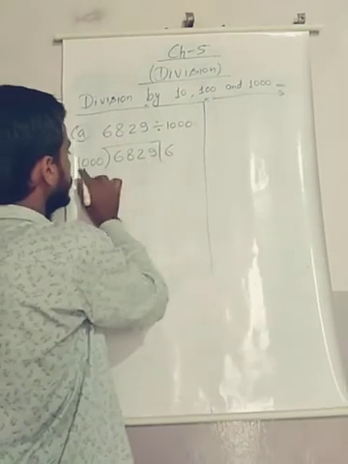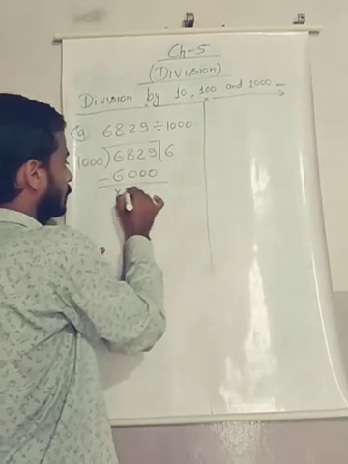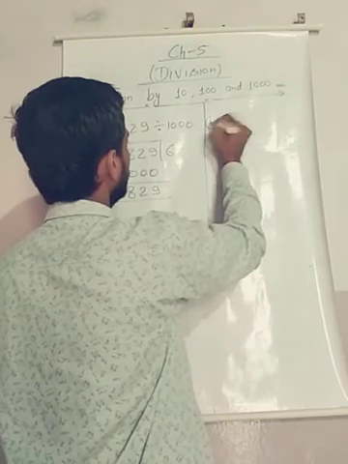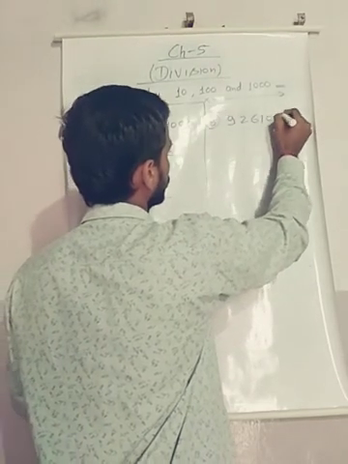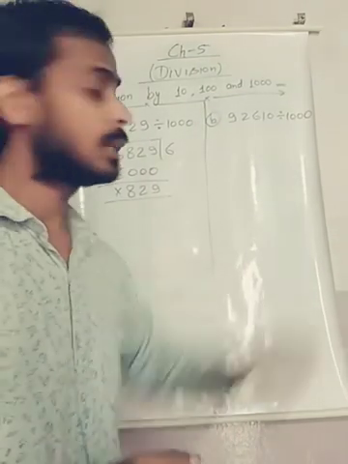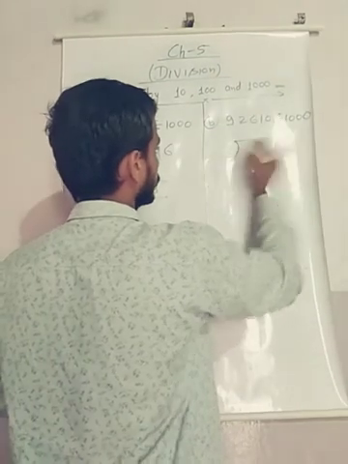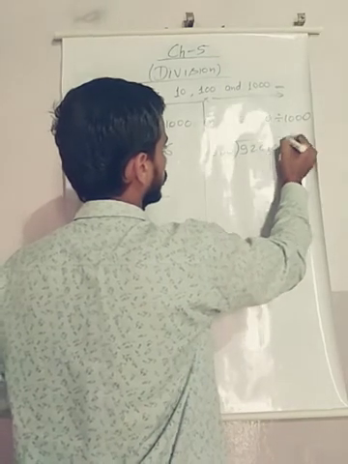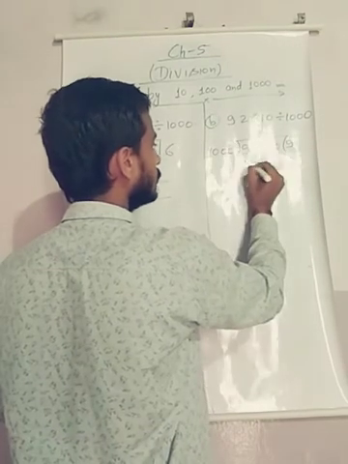Now see another example in B. 92,610 divided by 1000. 1000 nines are 9,000.